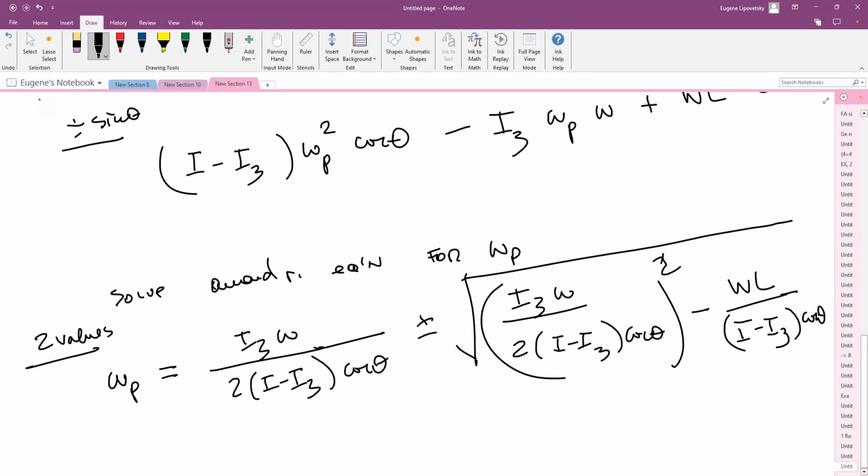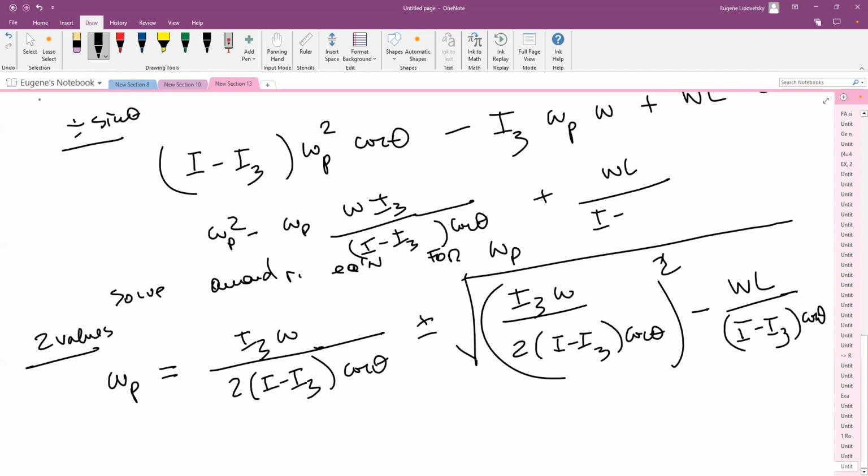That happens when you divide this equation by I minus I sub z, so it's going to be omega p squared minus omega p times omega I sub z over I minus I sub z cos theta, plus WL over I minus I sub z cos theta equals 0.